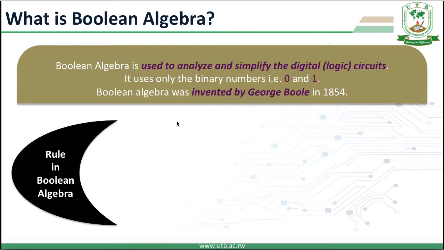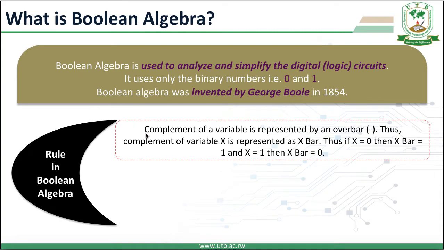There are rules in Boolean algebra. The complement of any variable like A, B, C is represented by an over bar, a horizontal bar. Thus, the complement of variable x is represented as x bar, x with a bar above it.